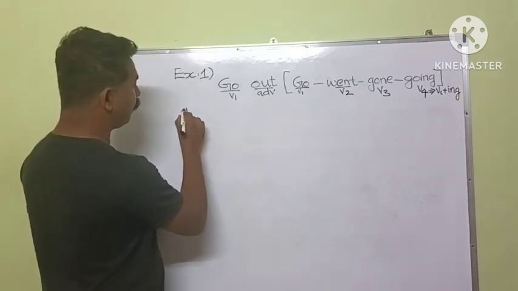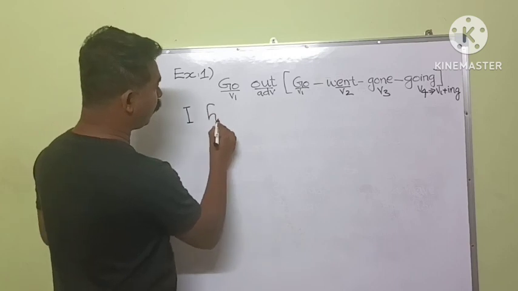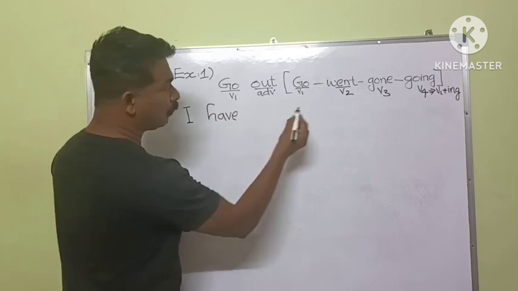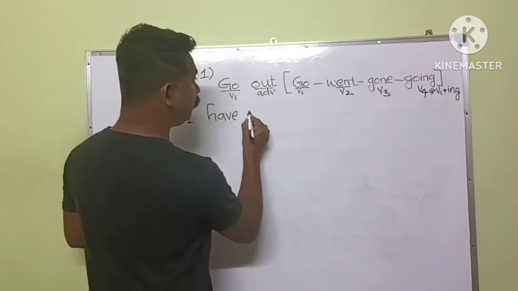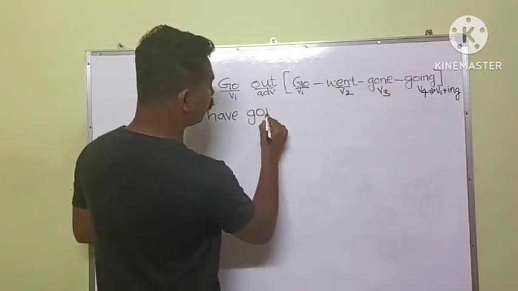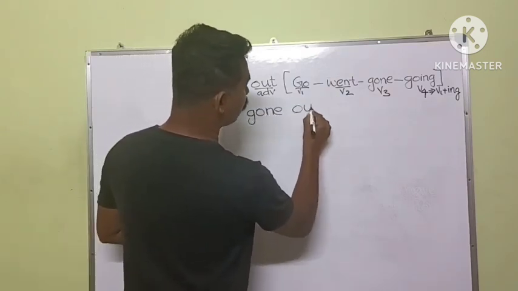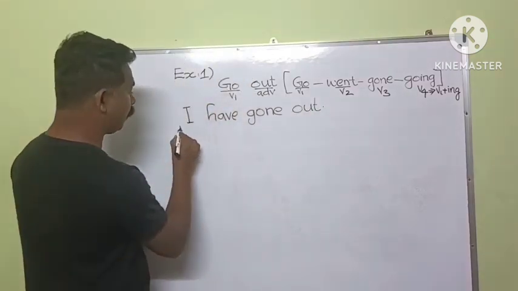I have, V3 form of the verb, that is gone out, full stop.